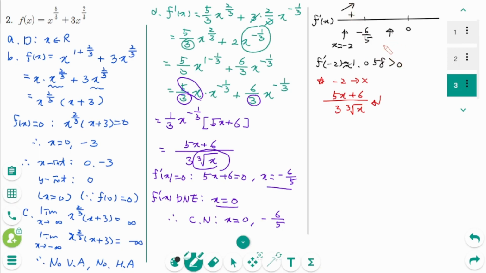When the testing number is x equals minus 1, f prime of minus 1 is rounded to minus 0.333, which is negative. When the testing number is 1, f prime of 1 is rounded to 3.667, which is positive.